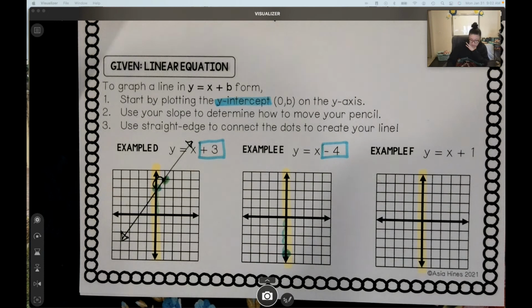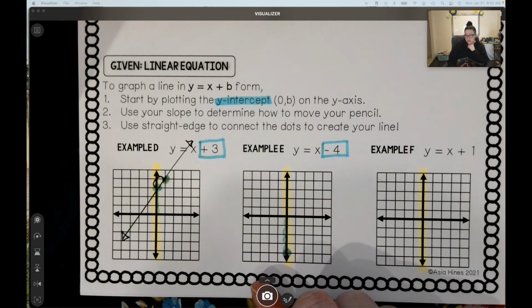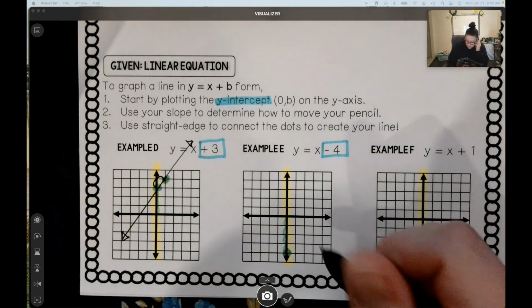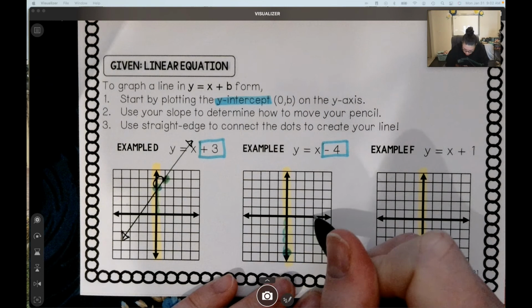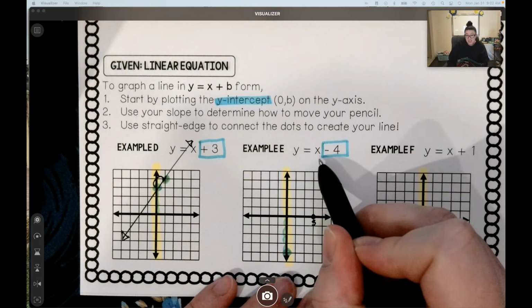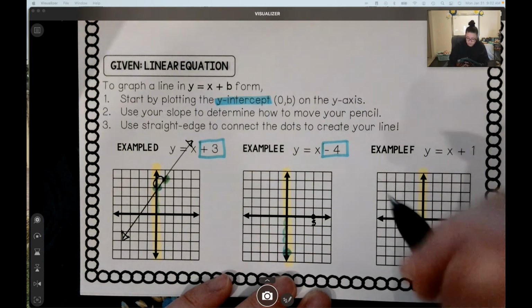Or another way you could do it, we could substitute in one of these numbers for x. So let's say I want to do the number 3. I can substitute 3 in for x and solve to get my y coordinate.